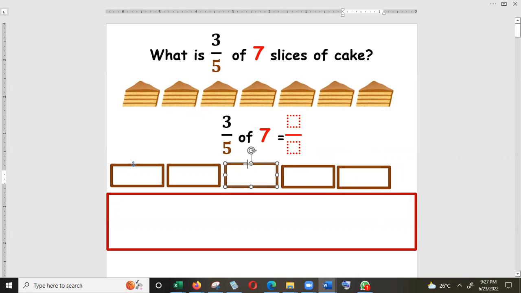Now we need to get that 3 groups of 7, equally separated into that 5 equal portions. So here's our first group of 7.